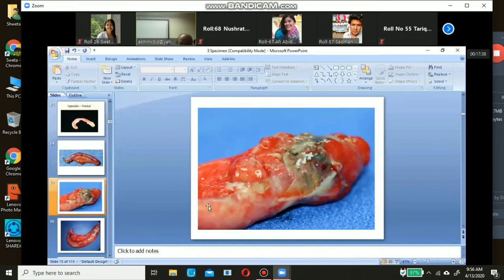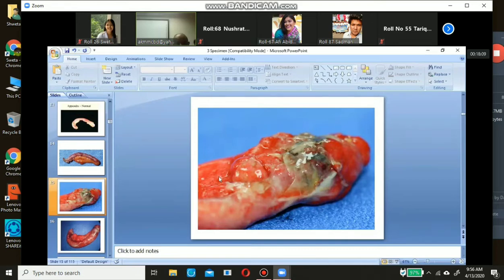Then you don't have to write down about the base of the appendix, you write down about the tip. The tip looks more reddish than the rest of the appendix, and the tip is dilated, and there is obvious pus formation, and this is a case of acute appendicitis.